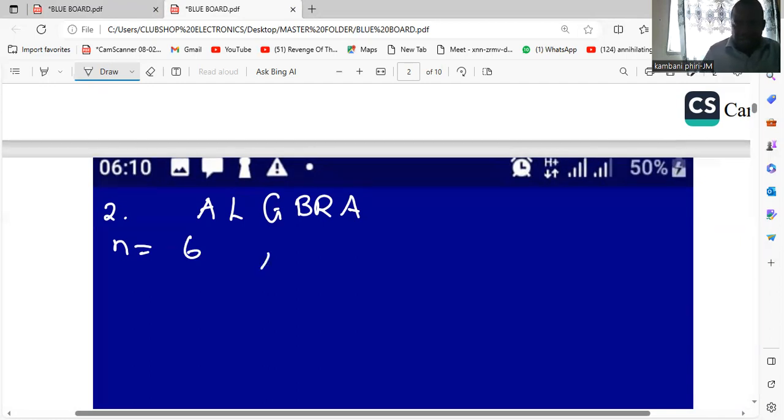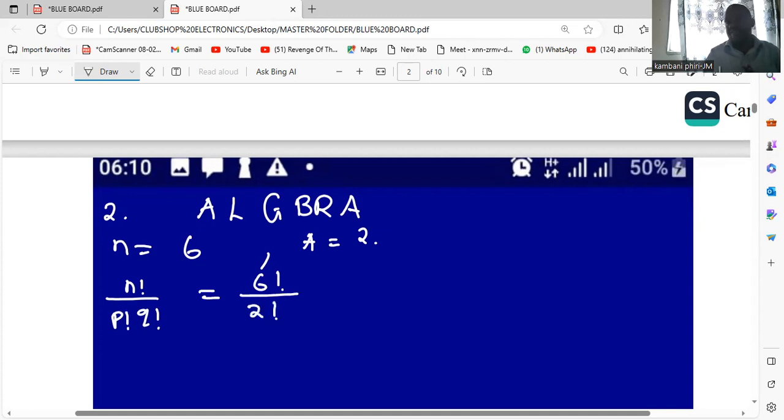Then we have repeating letters. Yes, A is being repeated twice. So by n factorial divided by p factorial, q factorial, this will be 6 factorial divided by 2 factorial only, because it is only A that is repeating, and twice.